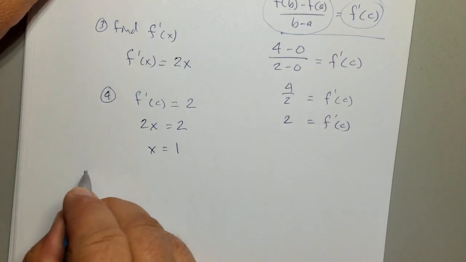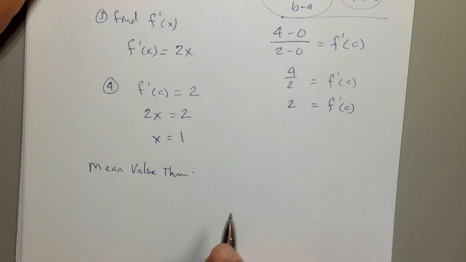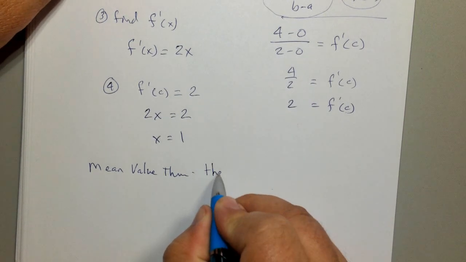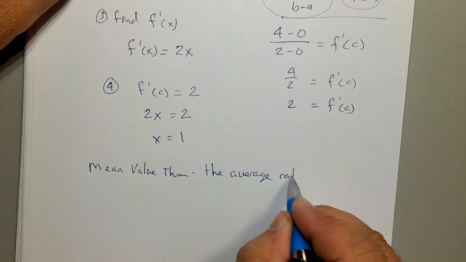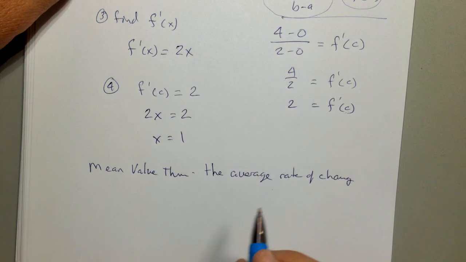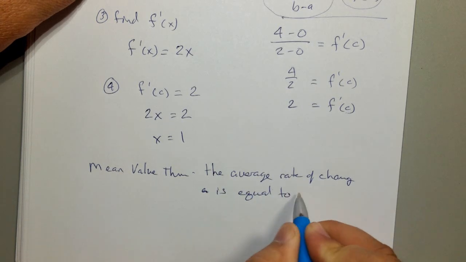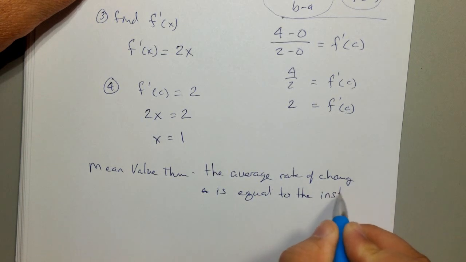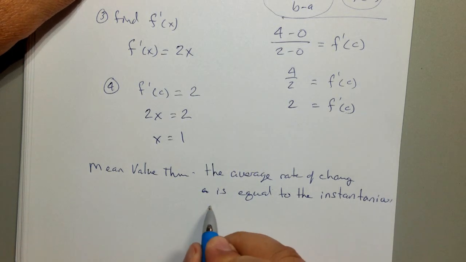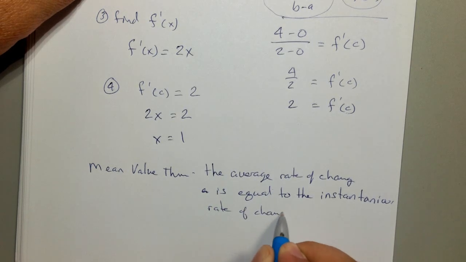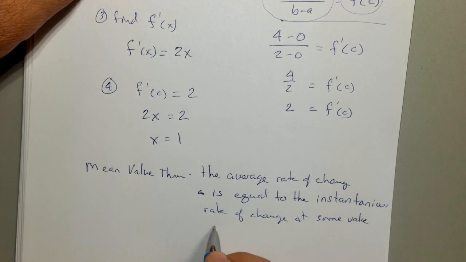The mean value theorem tells us that the average rate of change is equal to the instantaneous rate of change at some value C.